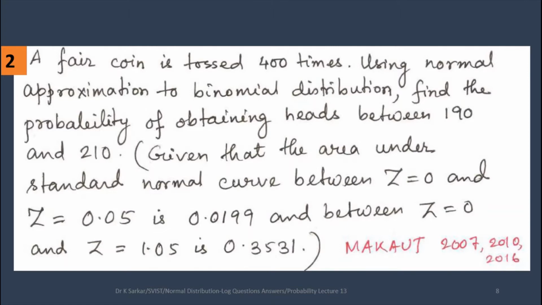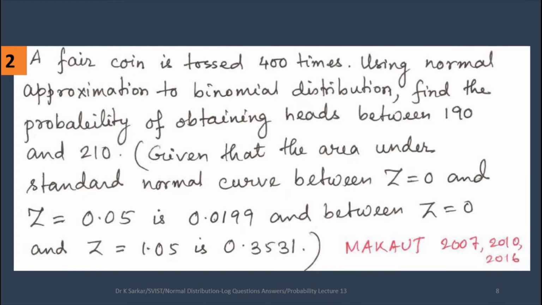Here, the normal distribution is approximated to binomial distribution. Therefore, the mean of normal distribution is same as the mean of binomial distribution. Similarly, the variance of normal distribution is same as the variance of binomial distribution. Now, let's find the mean and variance of binomial distribution.